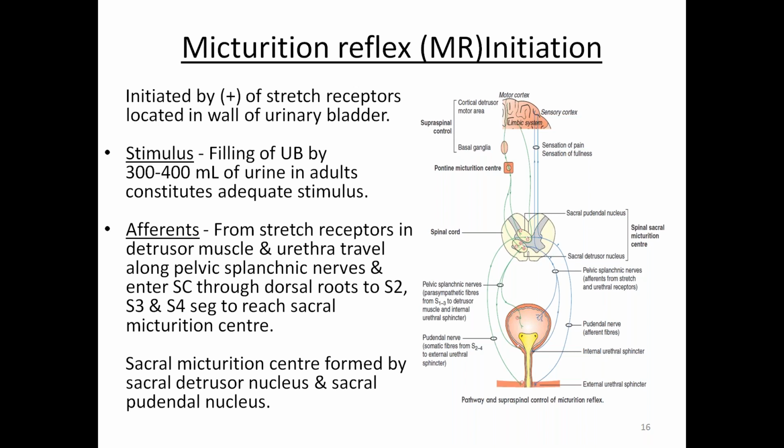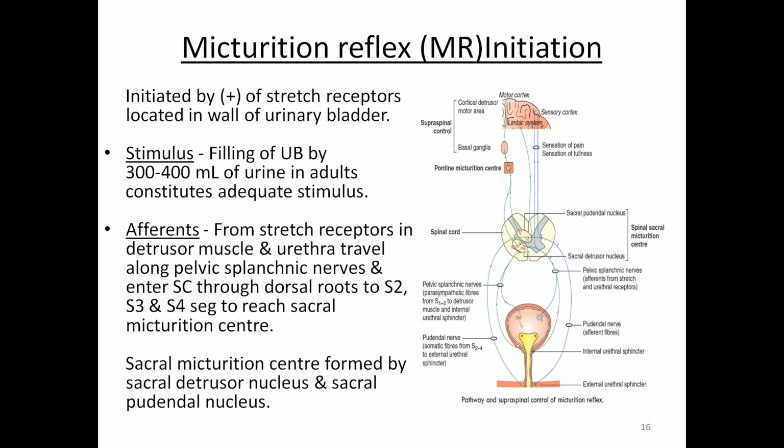And these are the postganglionic parasympathetic fibers, which are excitatory to the detrusor muscle and inhibitory to the internal sphincter. So here you saw the afferent supply going up to the spinal sacral micturition center through the pelvic splanchnic nerves, and then the efferent supply came from the sacral detrusor nucleus. These are the preganglionic parasympathetic fibers.